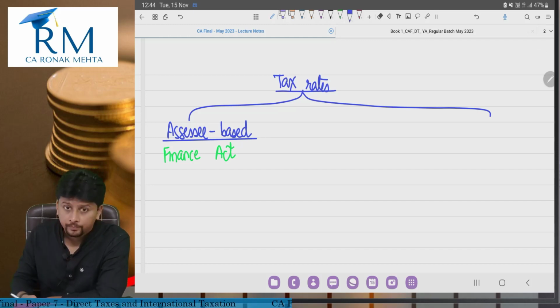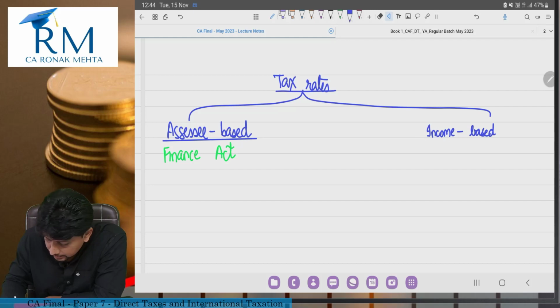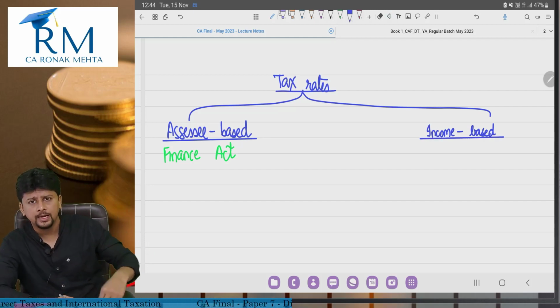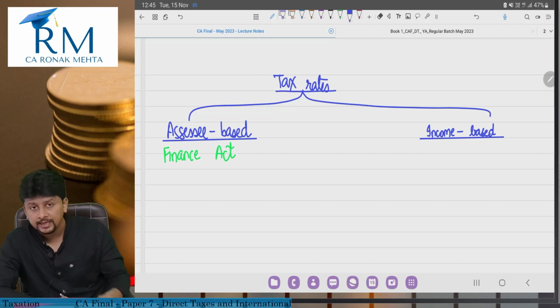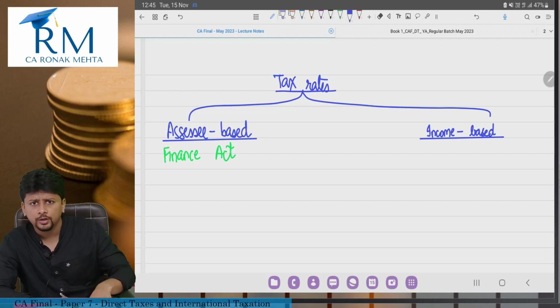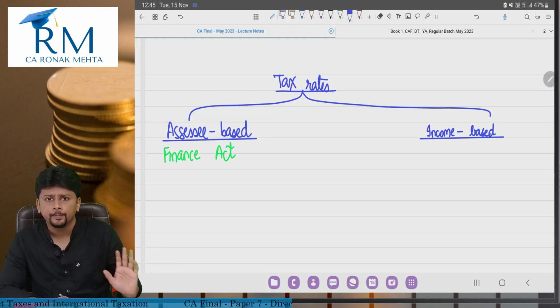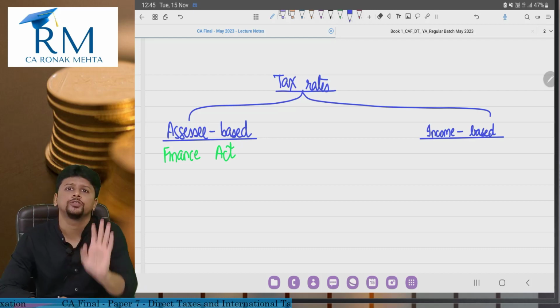But if the rate of tax is based on the nature of income, the type of income, short-term capital gain, long-term capital gain, winnings income, undisclosed income, then whether you are a company or a firm or an individual, you will pay tax at that fixed rate. Long-term capital gain is taxed at 20% for company also, for individual also.